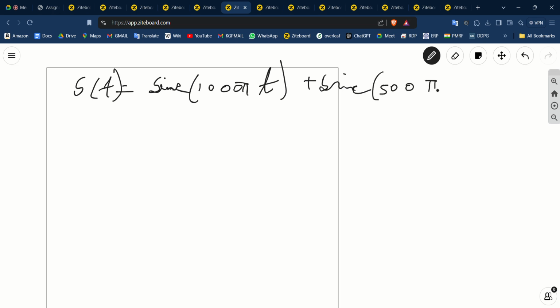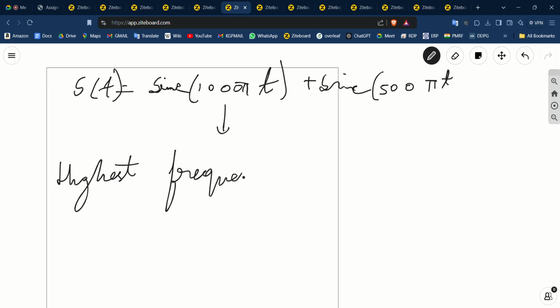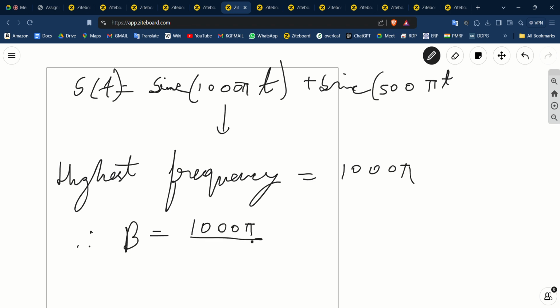So the null frequency of sinc 1000 pi t is, so this is the highest frequency. So highest frequency in this s(t) is 1000 pi. Therefore, B is equal to 1000 pi by 2 pi.